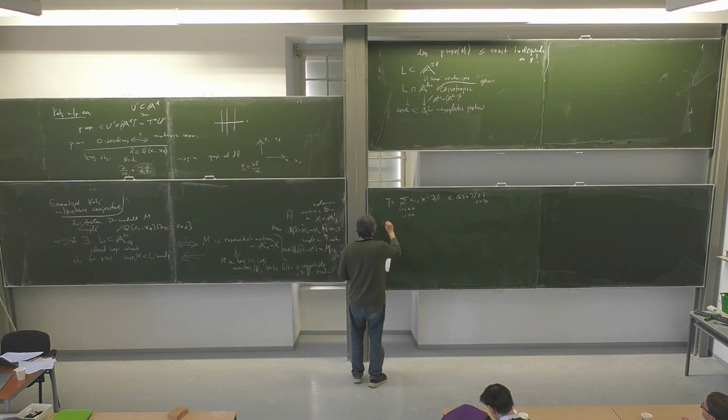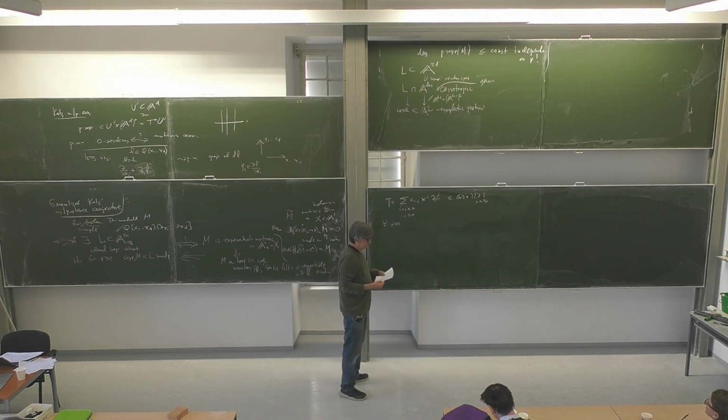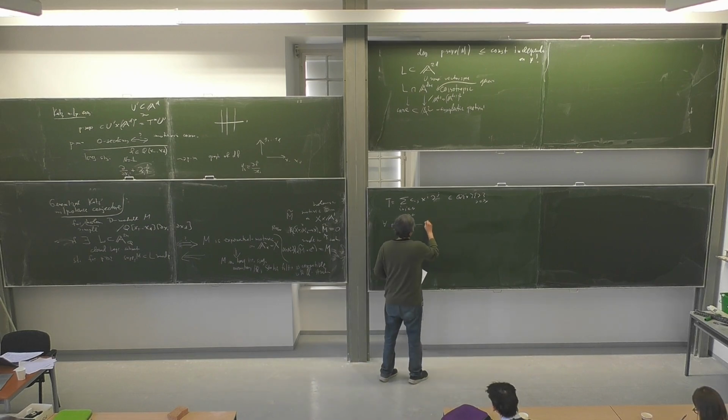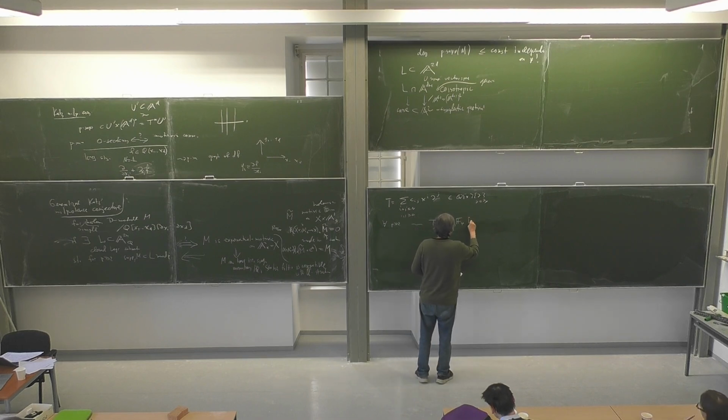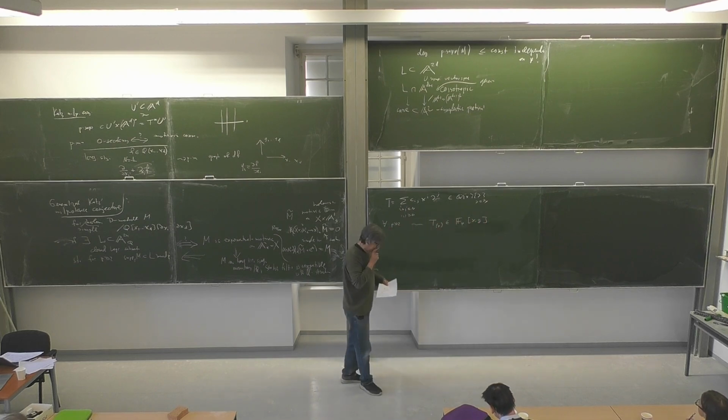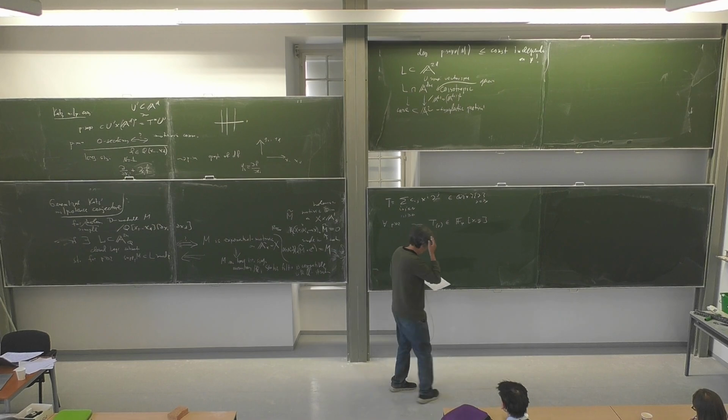Then, for every prime number greater than 2, one can produce a new T_p, which will be just a polynomial in two variables mod p, of the same degree.